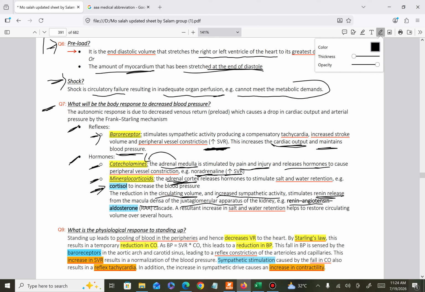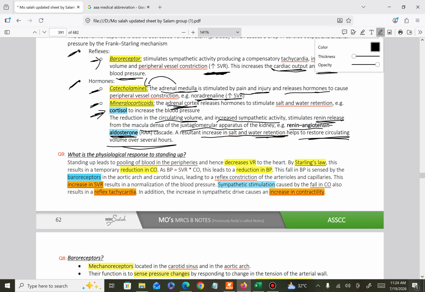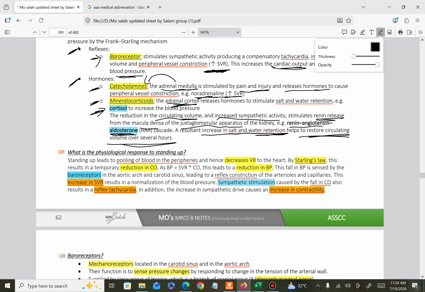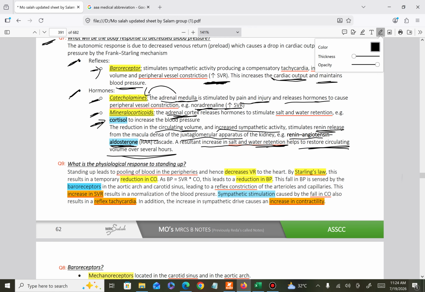The renin release causes the formation of angiotensin 1, which becomes angiotensin 2, and then angiotensin 2 stimulates the release of aldosterone. So the aldosterone causes the increase in salt and water retention, which helps to restore circulatory volume over several hours. Okay, so these are the body responses to decreased blood pressure.